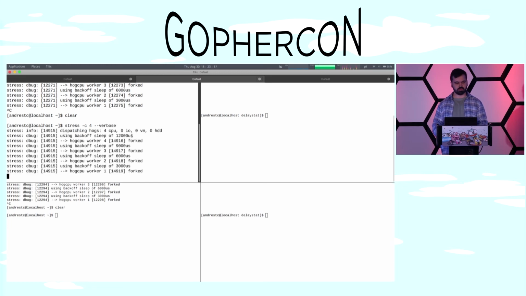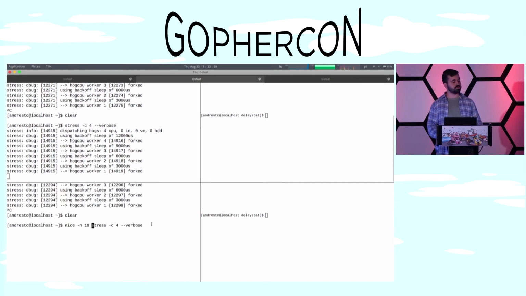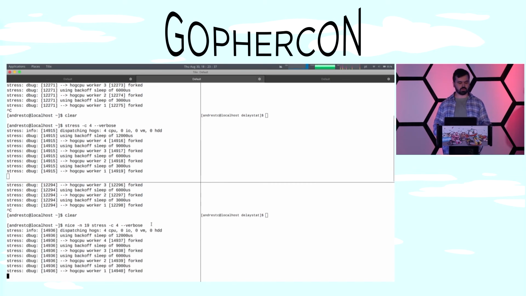Let's use the verbose flag. This is a 4-core machine, so I have 4 processes running on my CPU. And I'm going to start the stress process also down here, but here I'm using the nice command to set it to a low priority.